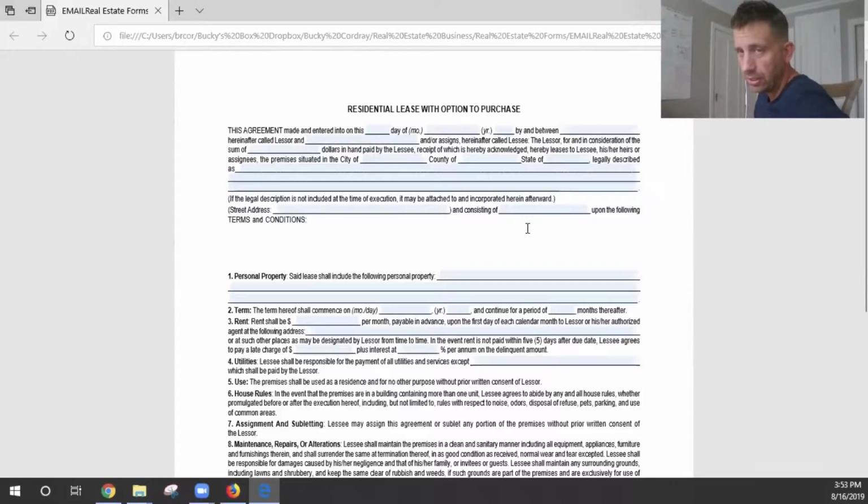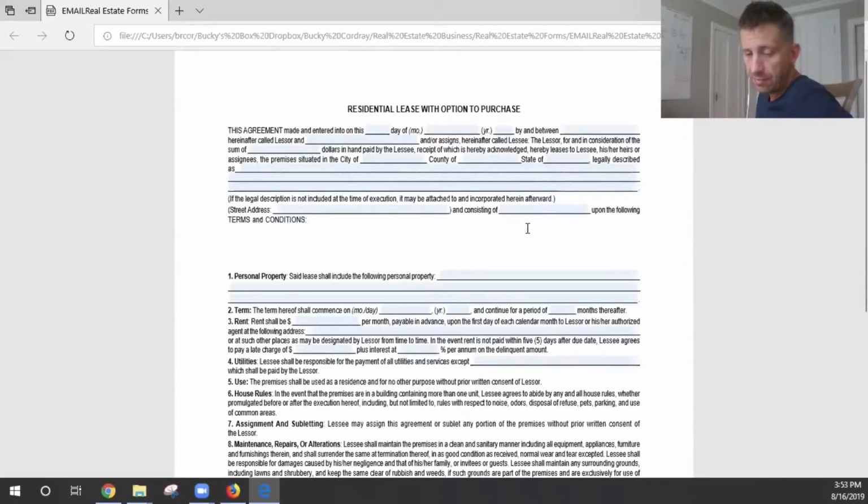In certain situations, if it was say a transfer deed and there were multiple people on that deed who it was transferred to, then we would have to have all those people included on the title listed on this lease option. So the best bet is do your research, figure out who's all in the title, and that's who needs to sign this contract.